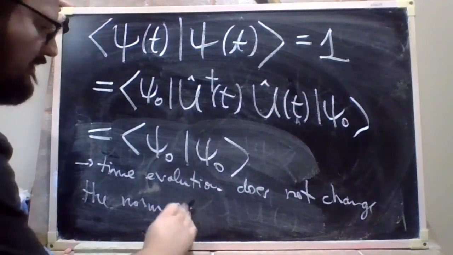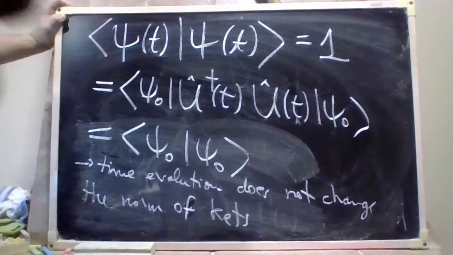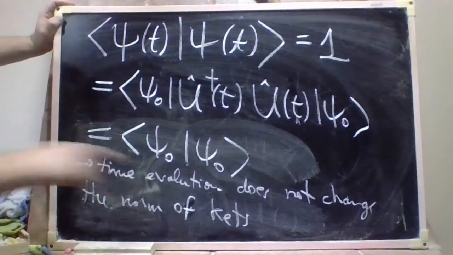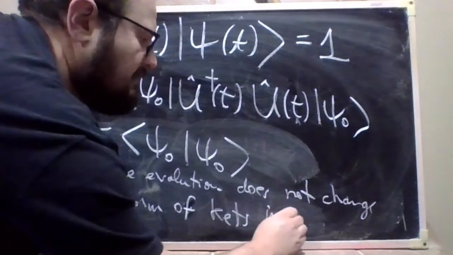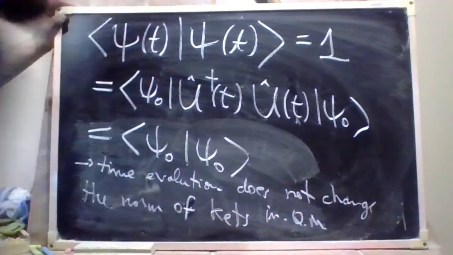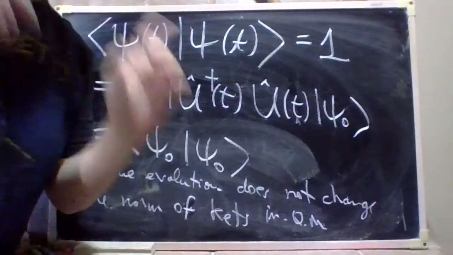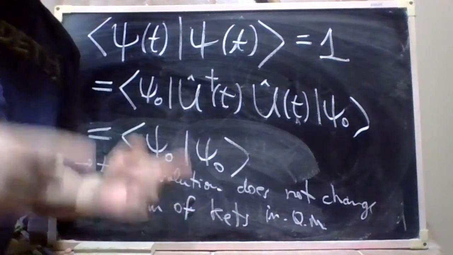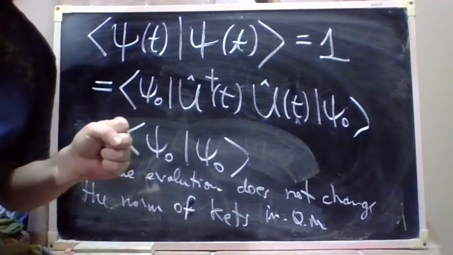of kets and also the bras. It does not change the norm of the kets in quantum mechanics, right? So it must be a rotation in Hilbert space, a complex rotation, all right?